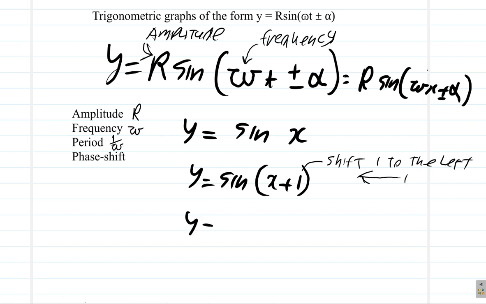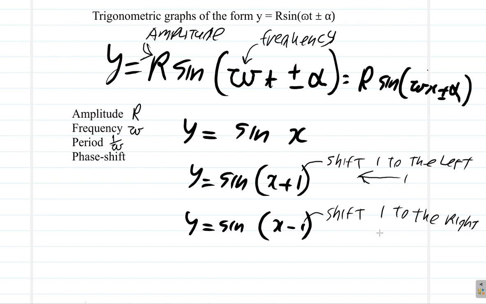When you have y equals sine x minus 1, what this means is you shift 1 to the right. You go this way, one place. Alright? Now, you might have thought that the plus 1 would go to the right and the minus 1 to the left. But that's not so.